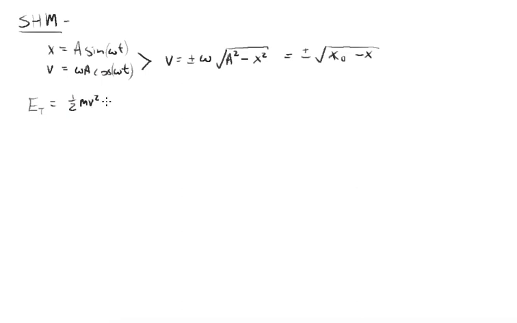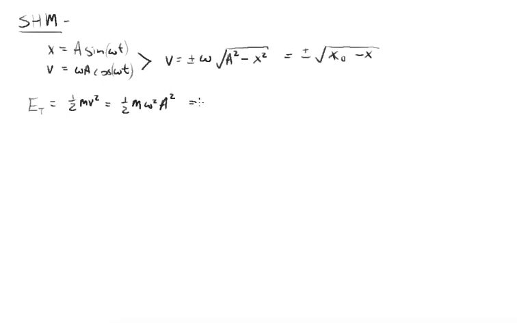The maximum occurs when we've got the biggest part of this, 1/2 m omega squared times the amplitude squared, because v is omega times r, however far out you happen to be.